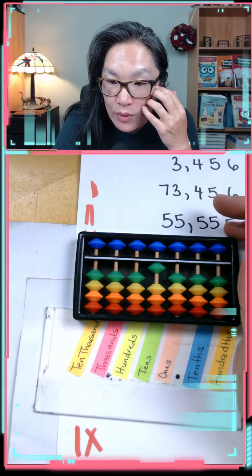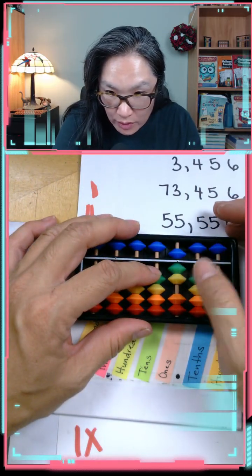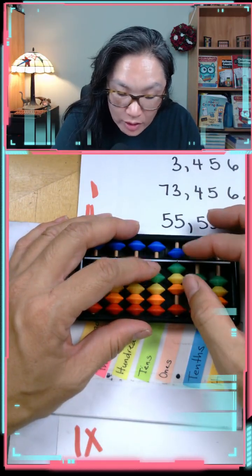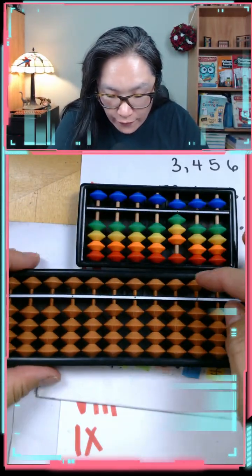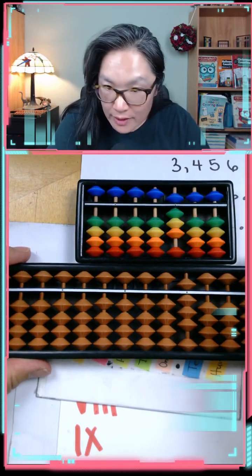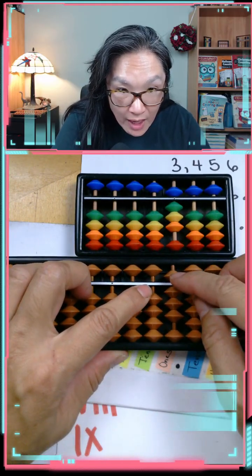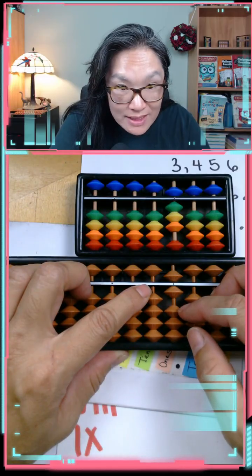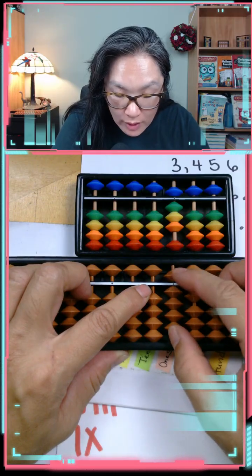So 8 would be the blue, the green, the yellow, and the orange. Yes. But if you look at it, it'd be 5 plus 3. So we would have 5 plus 2 is 7, 5 plus 1 is 6, 5 plus 4 is 9.